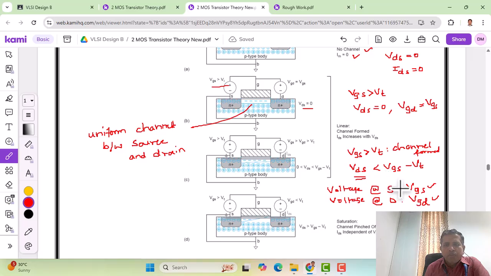The VGS and the VGD decide the type of the channel formed here. As you can see, the channel has a tapered shape like this. VDS is of course very small, and therefore IDS exists. The current IDS in the linear region is a function of both VGS and VDS. That means variation of any one of these will change the drain to source current. This mode of operation is called linear mode.